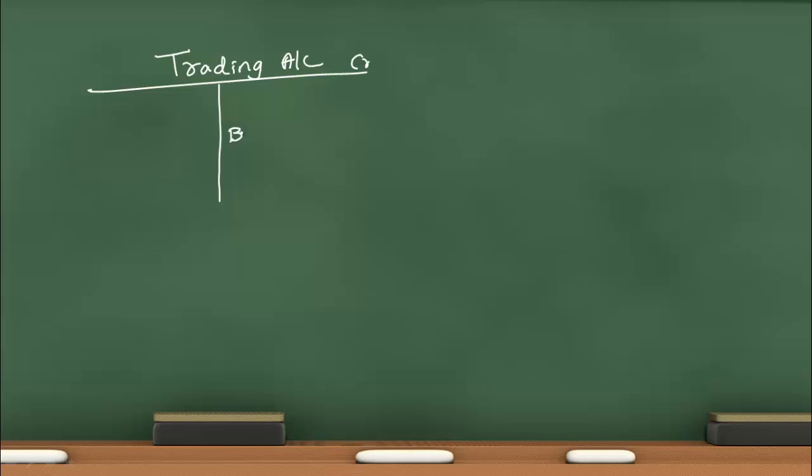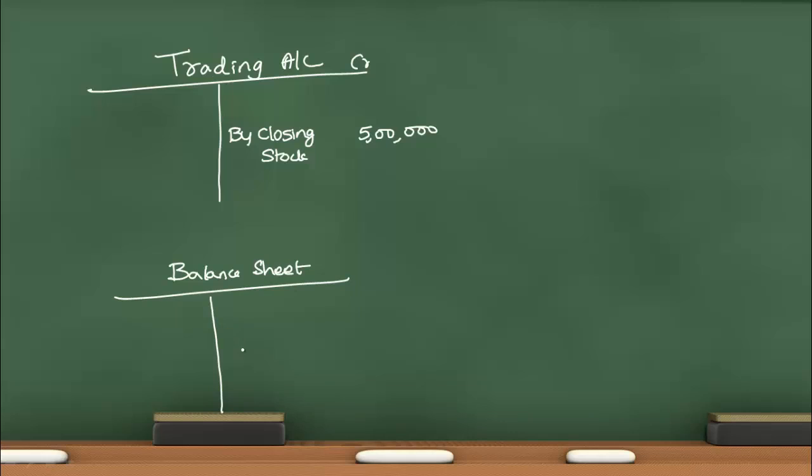We'll write by closing stock. And what is the amount? The amount is 5 lakhs. And what is the other effect for this transaction? It's going to be on the balance sheet. On the asset side of the balance sheet we will write closing stock, 5 lakhs.